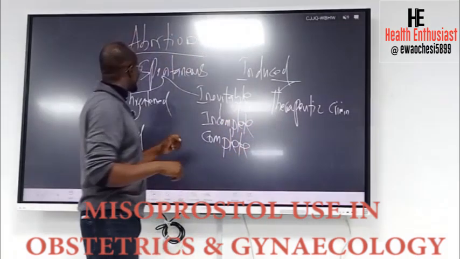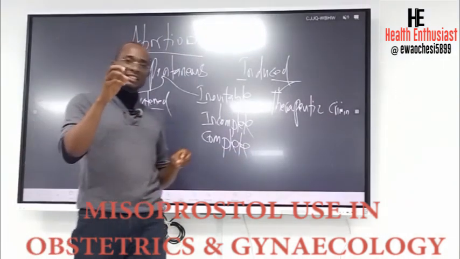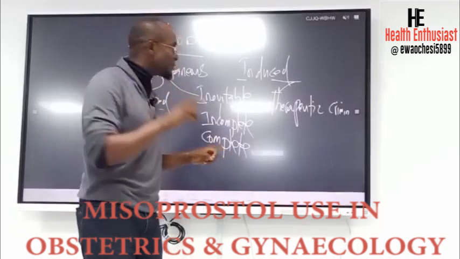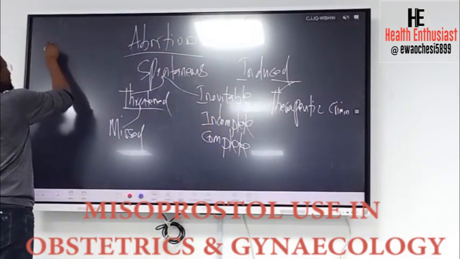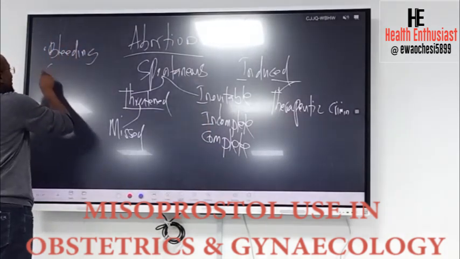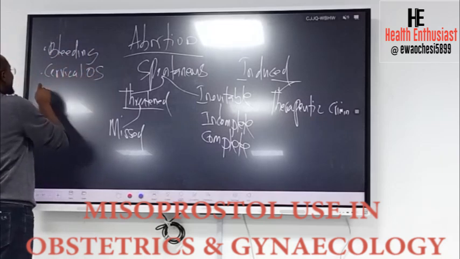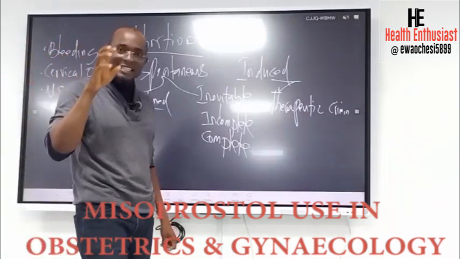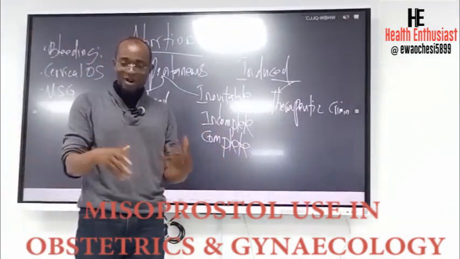That being said, when we talk about threatened abortion, there are three things you put into consideration. You put into consideration bleeding, right? You put into consideration the cervical os and then the ultrasonographic report, right? In threatened abortion, the bleeding is always spotty, like you have spotting.